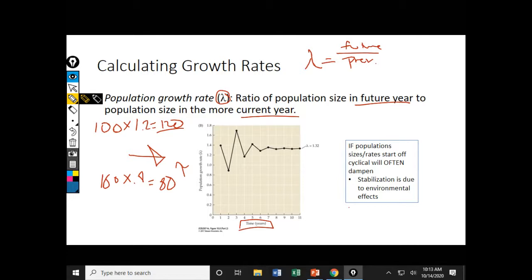So if we look at the beginning years of this population, there's really wide oscillation. In other words, now, right, we're getting big swings. After several years, we see what's called the dampening, or stabilization.